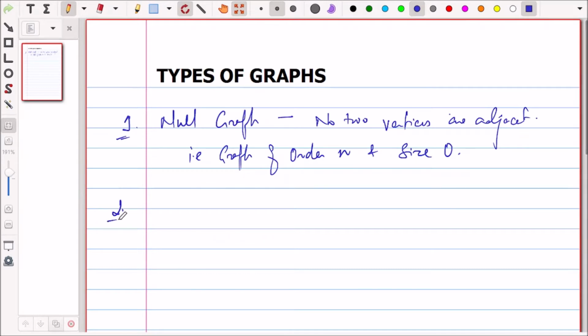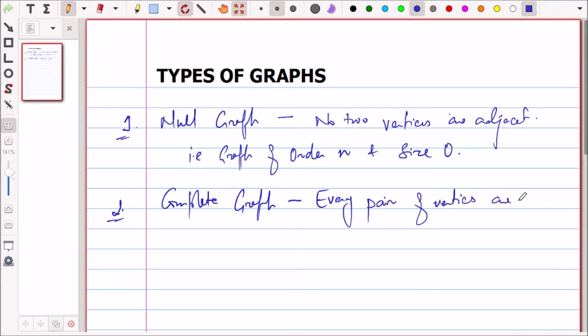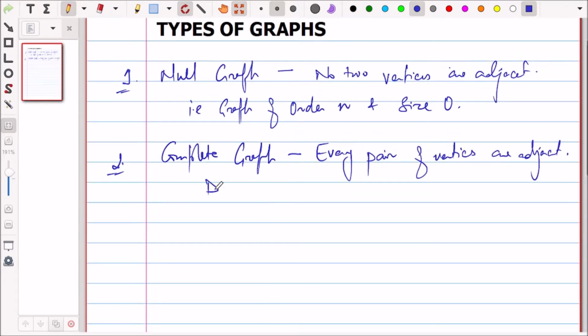And then we did complete graph in which every pair of vertices are adjacent. Okay.